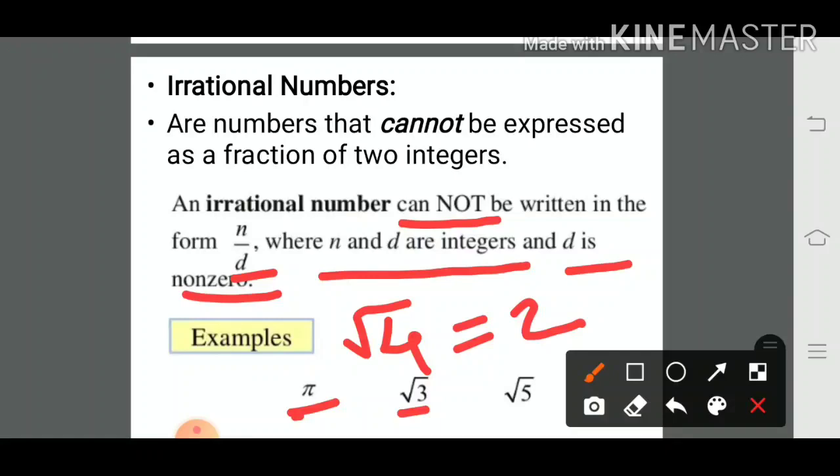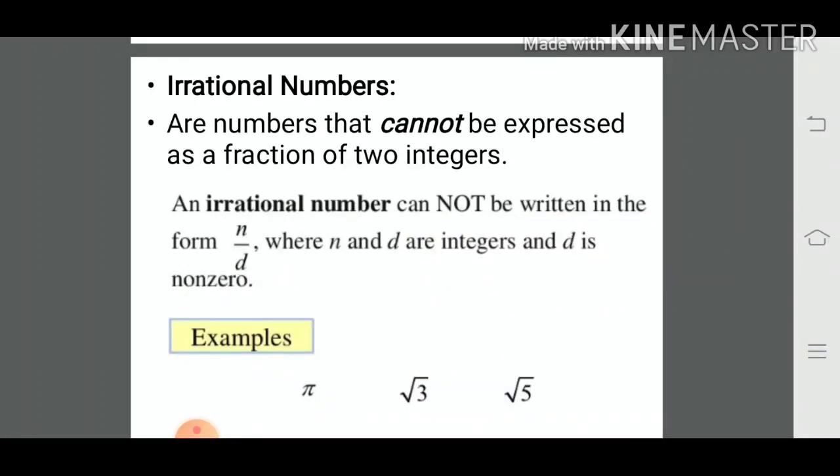Correct. So it becomes 2 upon 1, so it becomes rational. But whenever I write root 3, root 3 cannot be written in the form of numerator upon denominator, that is, in the form of a fraction. So these are the what? Irrational numbers. So pi, root 3, root 5, these are examples of irrational numbers.